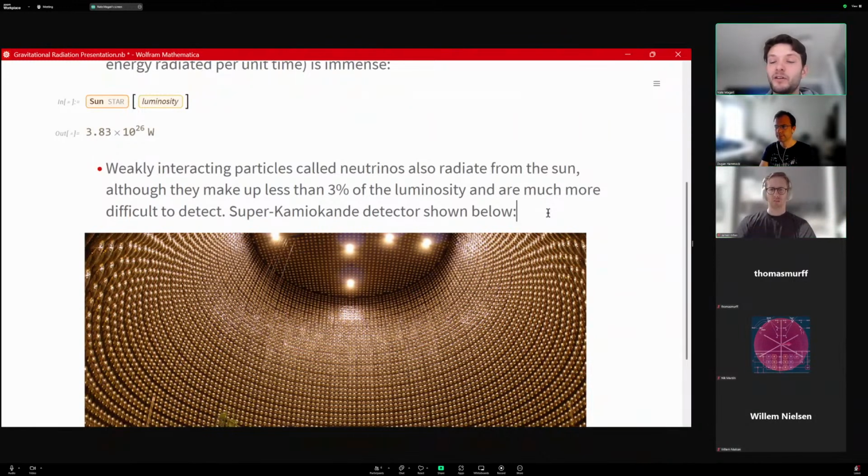Yeah, I believe the 1.4 kilowatts that I mentioned is the bolometric luminosity. So that includes all wavelengths of light, even the ones that are not visible to us. So yeah, infrared, ultraviolet, and all parts of the electromagnetic spectrum.